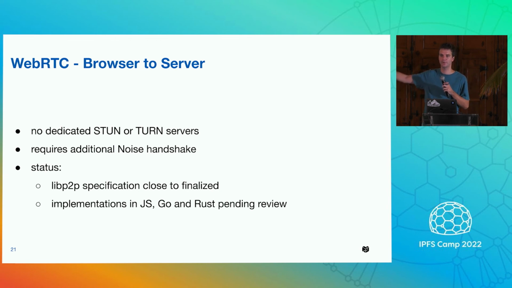There are more keywords for RFC searches. And we do an additional Noise handshake there. The libp2p specification is almost done, and we also have implementations in JavaScript, in Go, and in Rust that are pretty close to getting merged, but they are still in review.